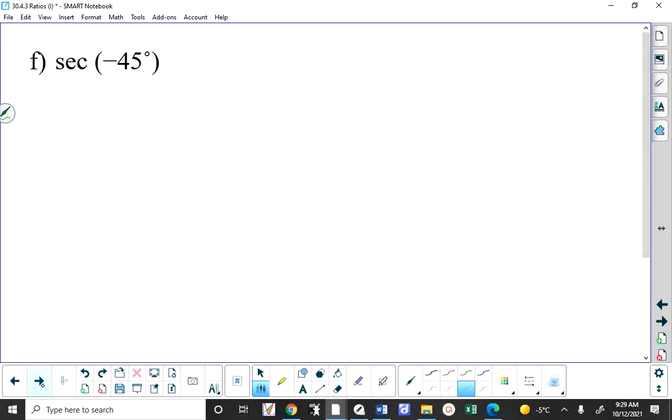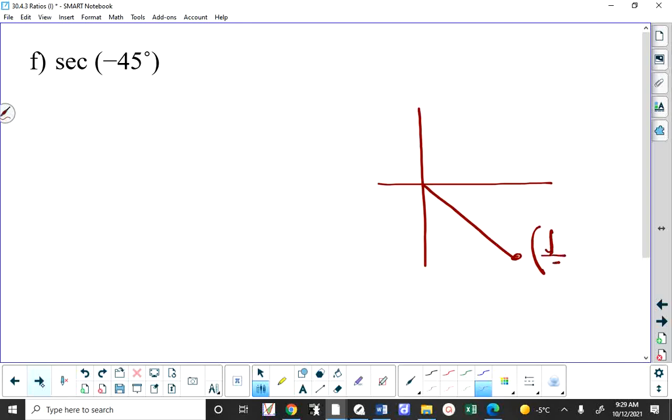Secant of negative 45 degrees, negative 45 degrees is here with coordinates of root 2 over 2. I'm going to go with the 1 over root 2 this time. Negative 1 over root 2. Anybody know why I chose to go with this version of these numbers and not the root 2 over 2's?